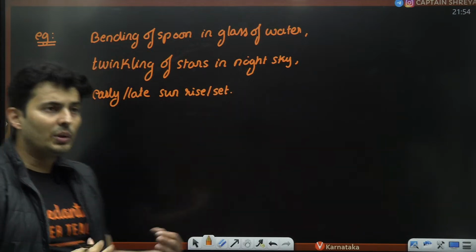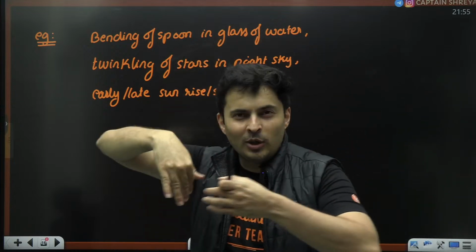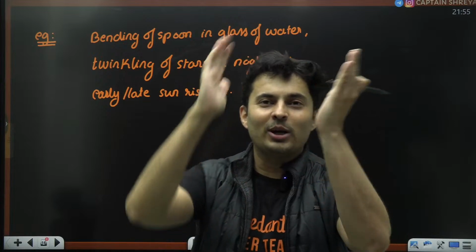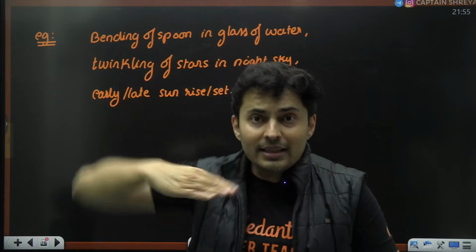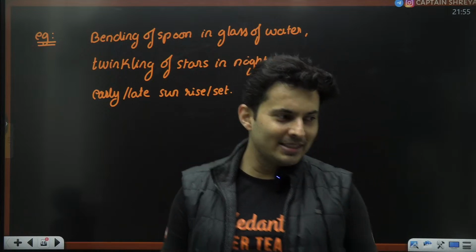All these are due to refraction. I'll tell you why. See, if you put a spoon in a glass of water, the rays, when they come out from water to air, will bend. So you'll feel that the spoon has been bent. You try it out on your own, you will see that.